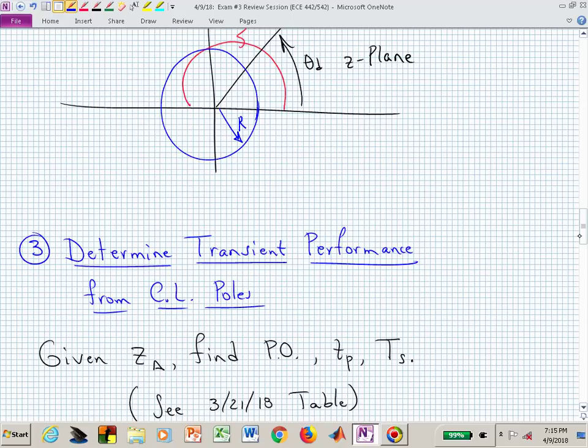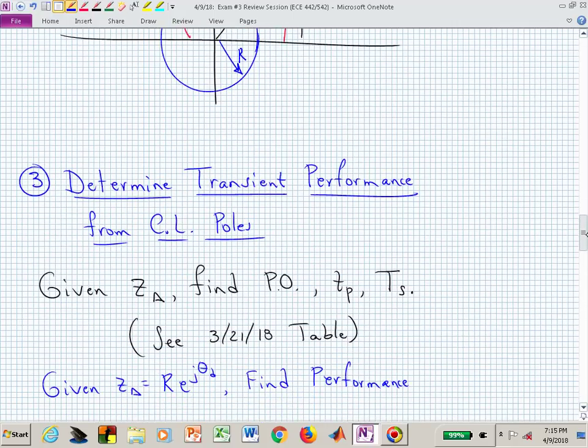And there's a table that relates pairs of these to each other and formulas that allow you to go back and forth. If you're given closed loop poles, you should be able to find those in terms of a polar representation versus rectangular representation.